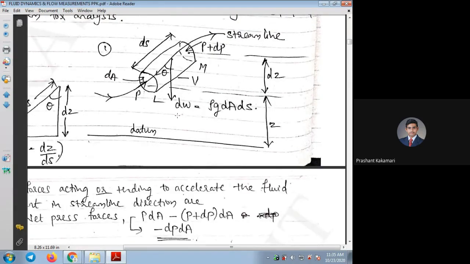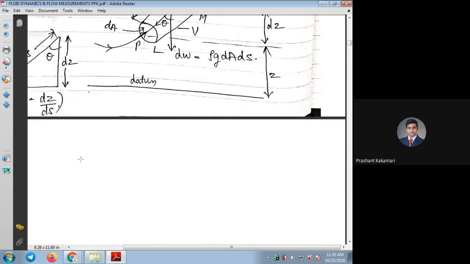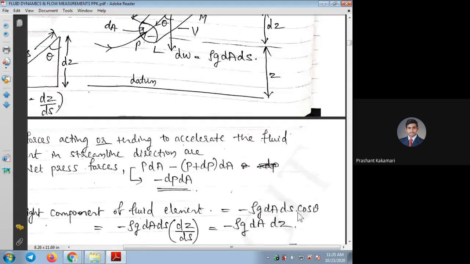With respect to the gravitational force of the earth, it is positive rho g dA ds. But with respect to the fluid element, the fluid element is flowing in this ds direction. Is that clear? It is making some angle theta here with respect to the weight. So I can write it as rho g dA ds into cos theta, because that is not the complete weight of the fluid acting downside.